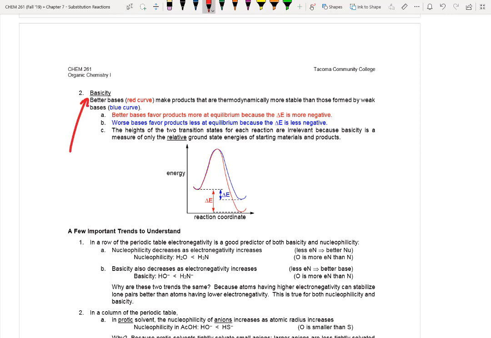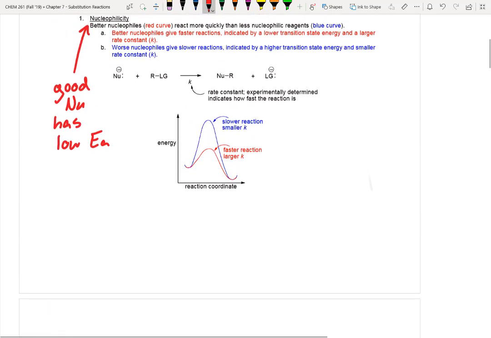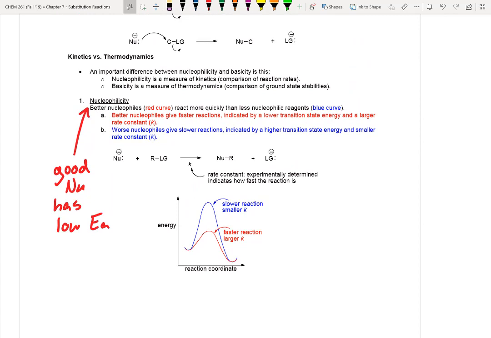With basicity, instead, what we're really looking at is delta G. The interesting thing as we go up is activation energy depends on the height of these transition states, right? We said that we can stabilize those transition states with solvents, or destabilize them with solvents for that matter.